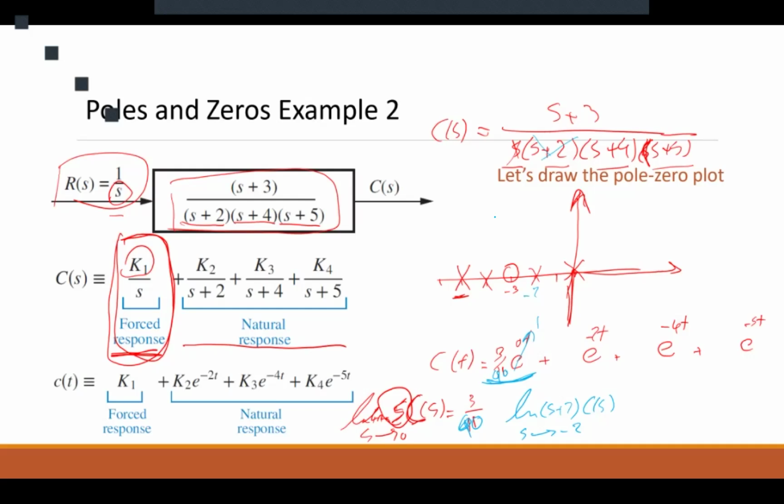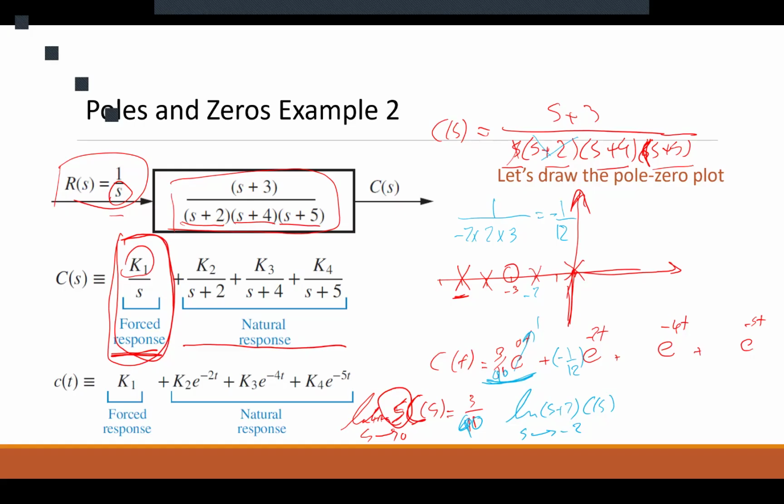The numerator is going to be 1, and the denominator is minus 2 times 2 times 3, which is going to be minus 1 over 12. Are we good? So the coefficient here is minus 1 over 12.